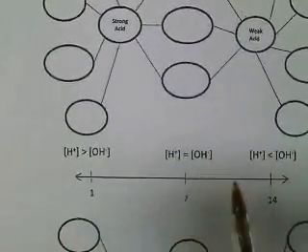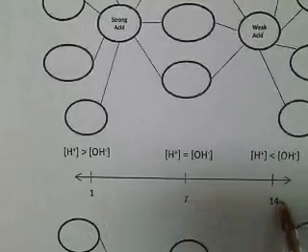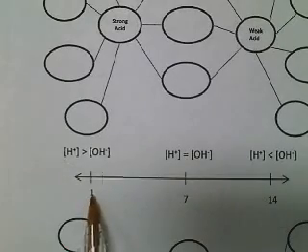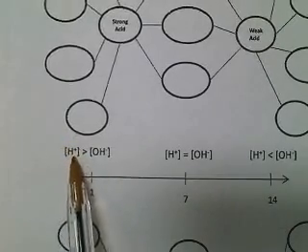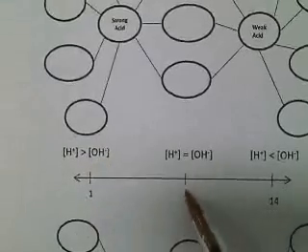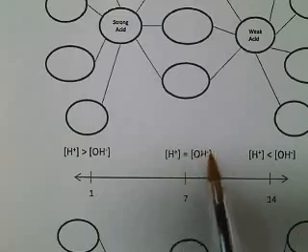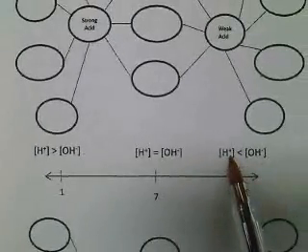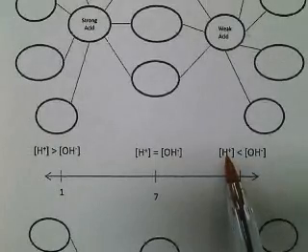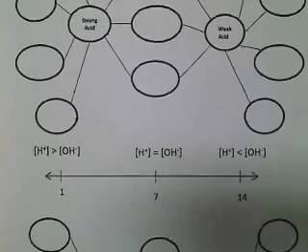You need your number line again: here's 1, here's 7, and here's 14. At a pH of 1, you have a higher concentration of H+ than OH minus. At 7, the amounts of H+ and OH minus are equal. At a pH of 14, the hydroxide ion concentration is higher than the protons.